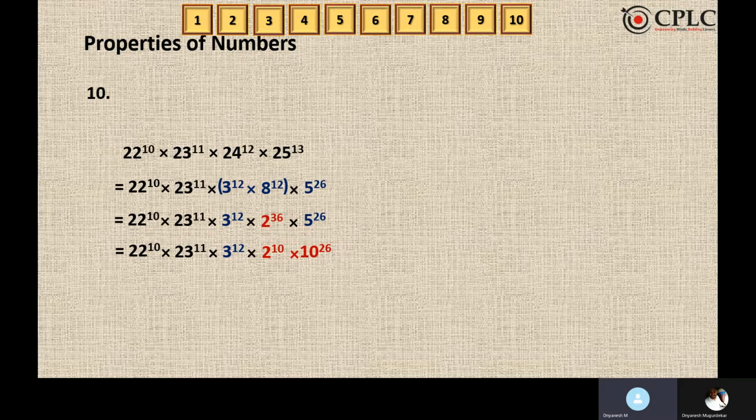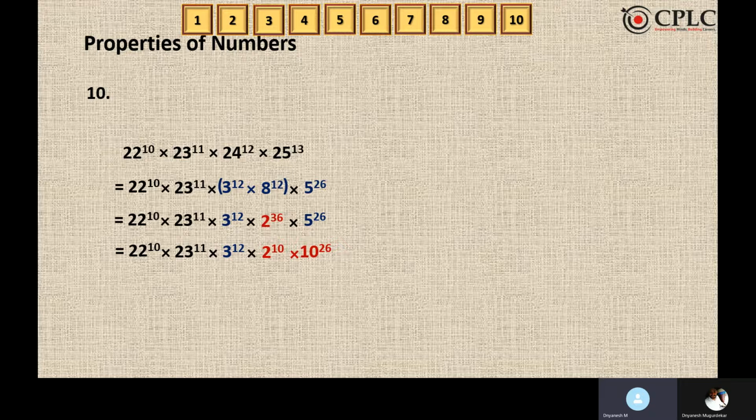So the remaining 2 raised to 10 is as it is. So this is such a huge number that at the end part of this number, there will be 26 zeros. That is the interpretation of 10 raised to 26 at the last part. But if you remember, they were not asking the last digit because it would have been zero. They were asking for the last non-zero digit.